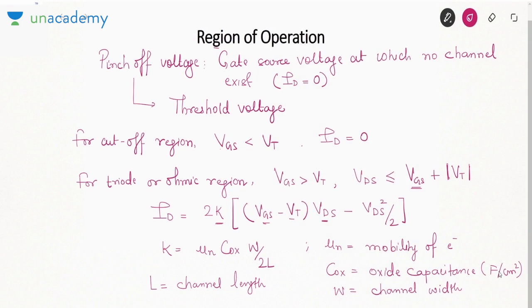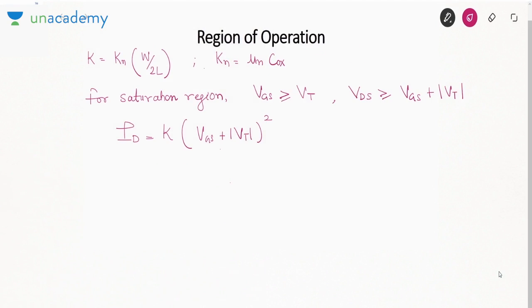And here also, since VT is negative, negative, negative, positive, you can write it either as VGS minus VT or VGS plus mod VT. Both are the same because VT is negative. Is it fine? So that is the drain current here.